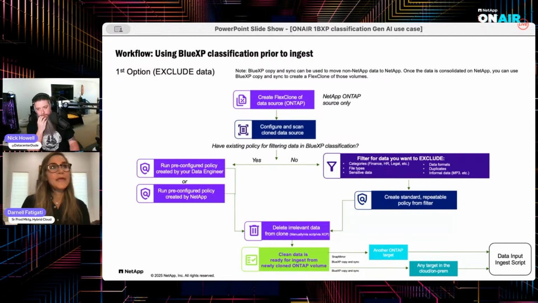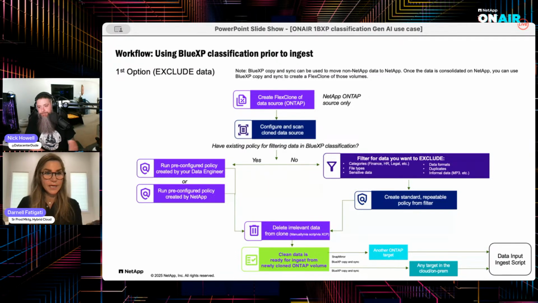With the exclude, you could scan the source if you want. With exclude, it makes sense to create a FlexClone of that because what you're going to be doing is deleting the stuff you don't want. You don't want to delete that from the source, most likely. Gotcha.